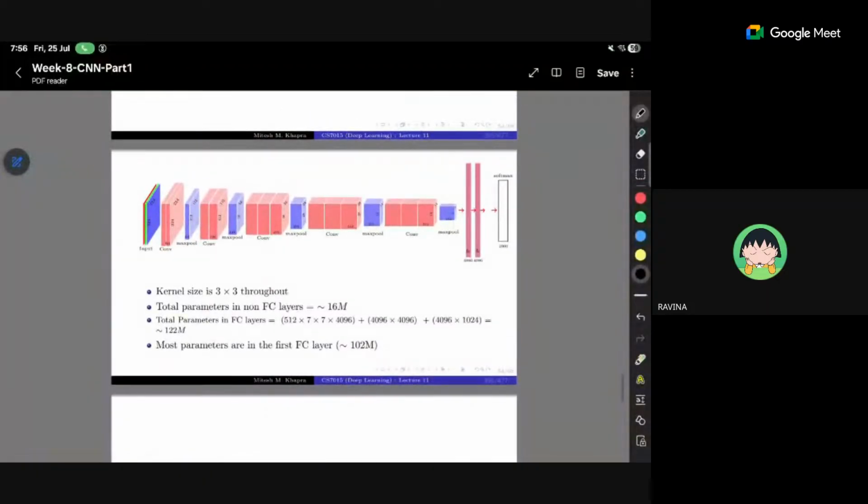Here, if you see, there are two convolutions, then 2, then 2, 3, 3, 3, and then here 2. So if you add all of them, 4 plus 3 is 7, plus 3 is 10, and then 13.